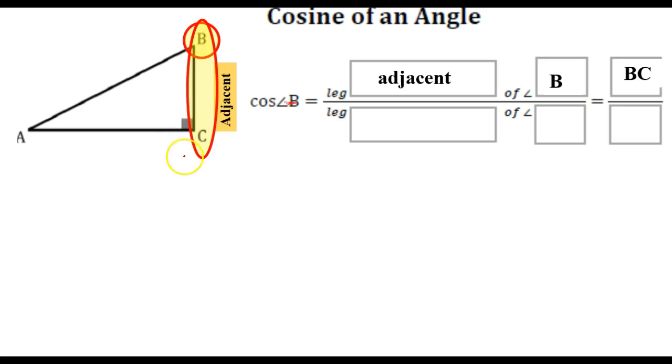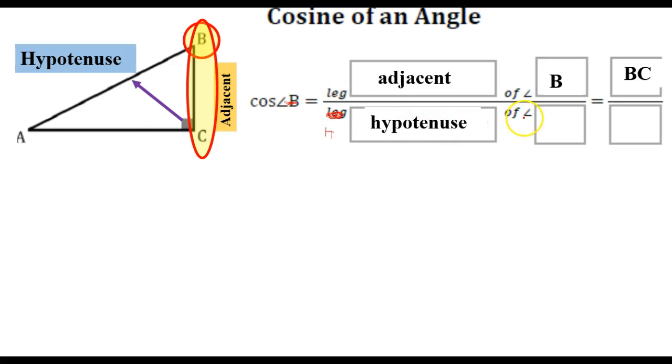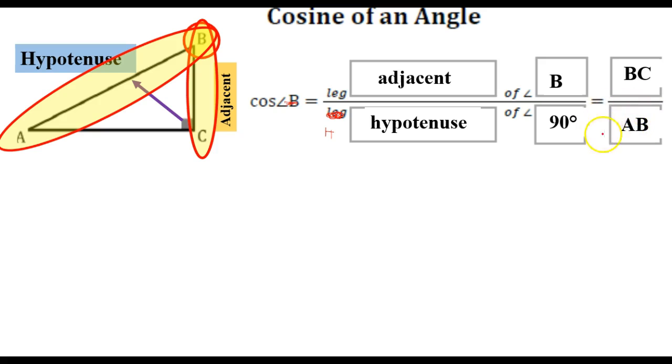And then remember, this is not leg, but hypotenuse, and my hypotenuse would be the side opposite 90 degrees, the hypotenuse of that 90 degree angle, and that would be side AB. Right, keep that as a reference for your tests.